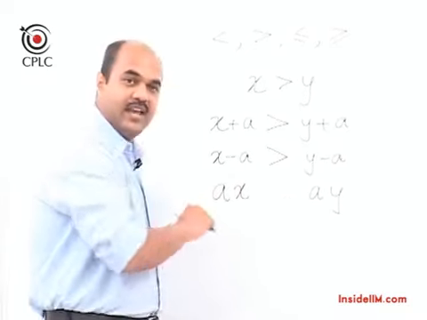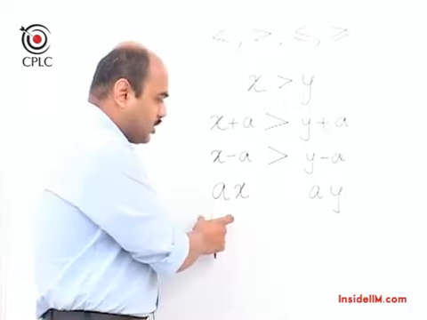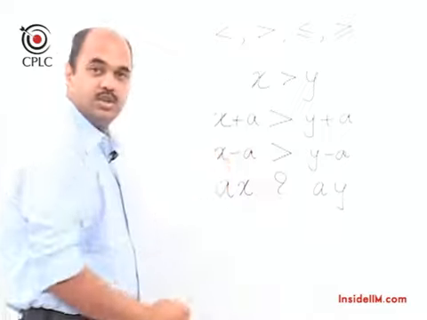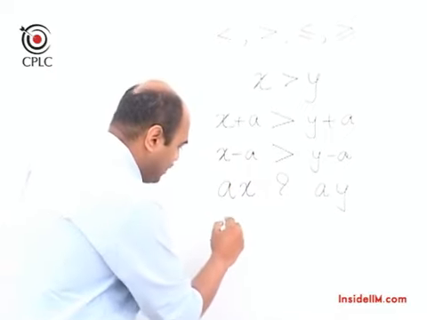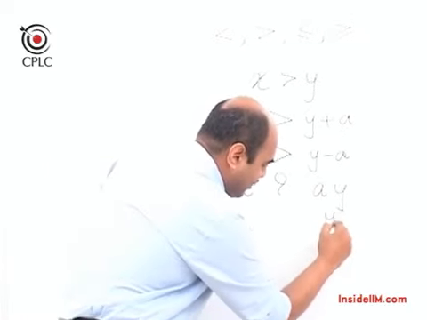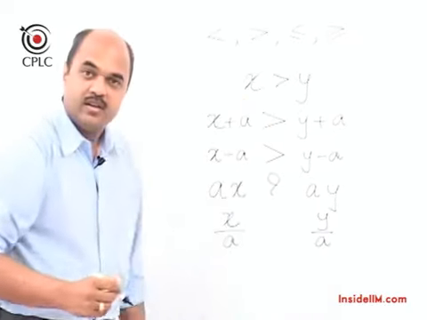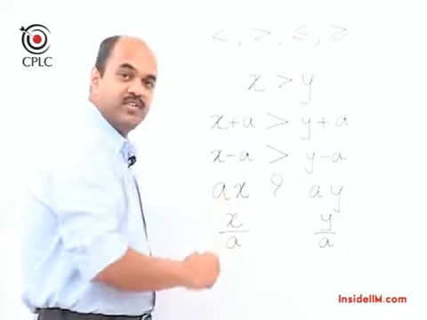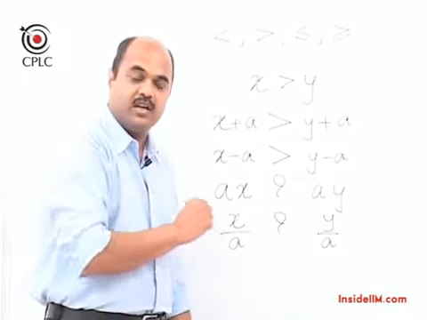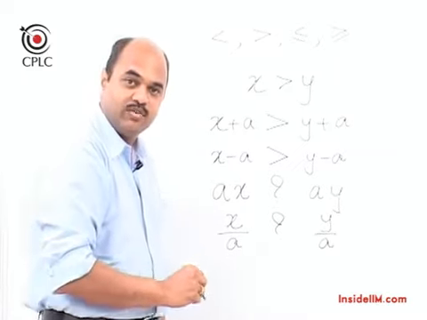However, if a is a negative number, then ax will become less than ay. So here we cannot be sure of what is going to happen. Similarly, if we divide x by a and we divide y by a, the situation would be similar to the previous case where we can't say for sure. Reason being, my answer would again depend on the sign of a.